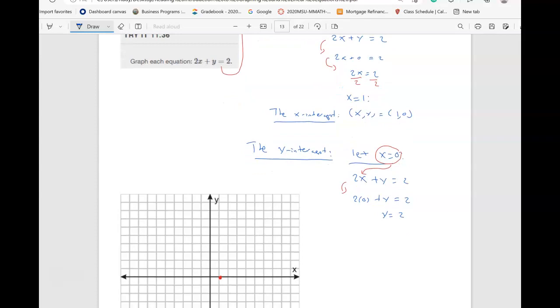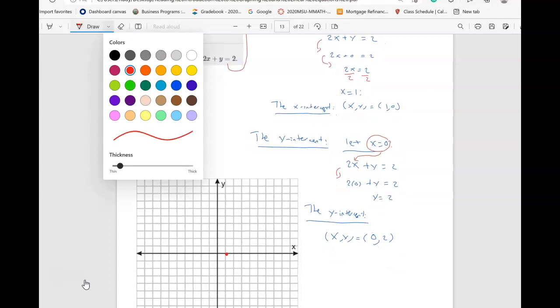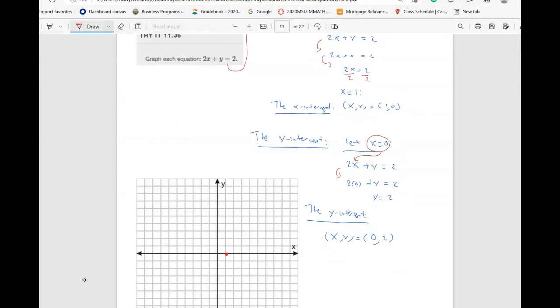So the y-intercept is going to represent a coordinate point, x and y, of 0, 2. And that's going to be this point.